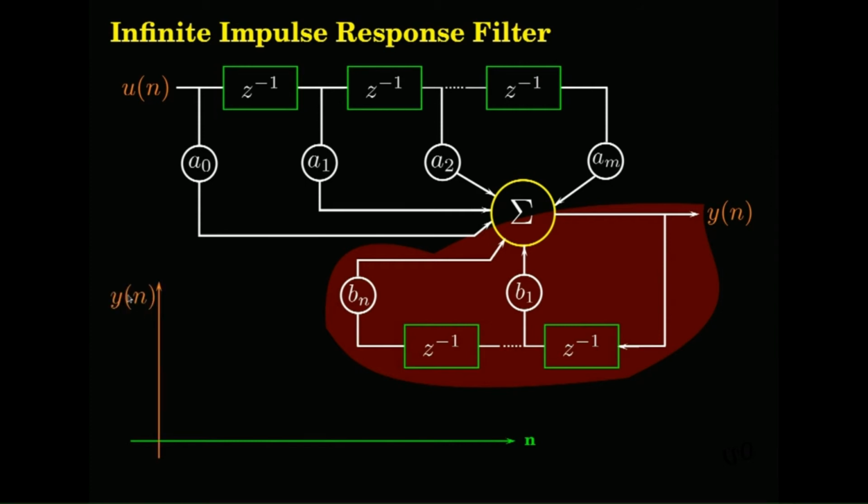So you plot y of n and then let us say you have different tick points here implying these are the sample values, and let us have this as the input. So we start with this input. What happens at time t equal to 0?